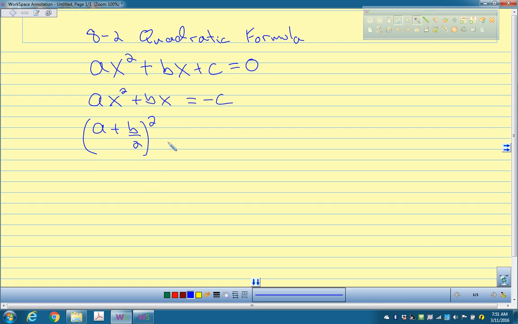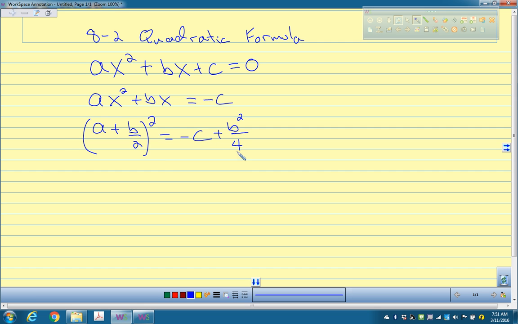I add the square of b over 2, which is b squared over 4. Now I find a common denominator.